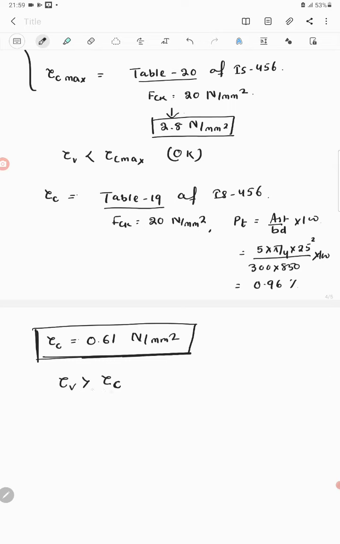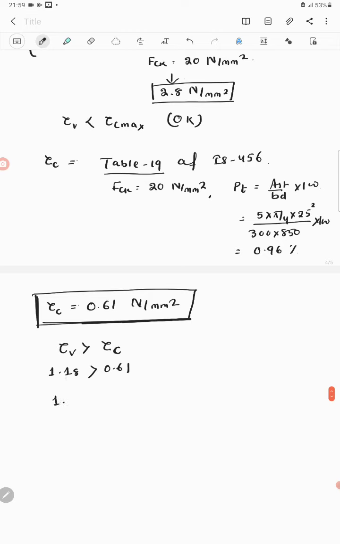That means we have to design shear reinforcement for the rest amount. Here this is 1.18, this is 0.61. So for the rest amount, that is 1.18 minus 0.61, we have to provide the design shear reinforcement.